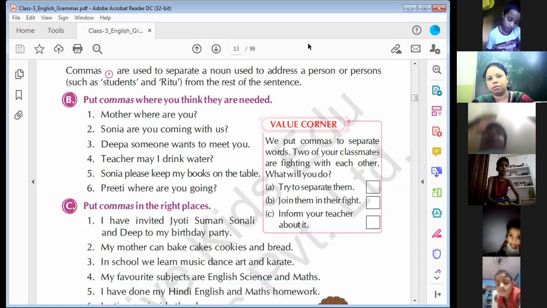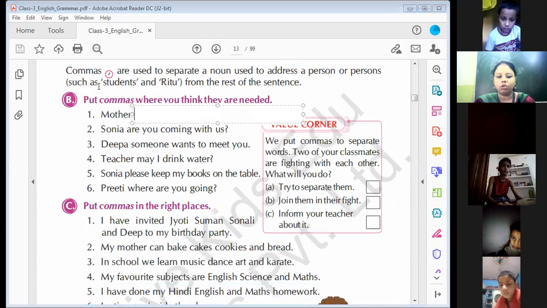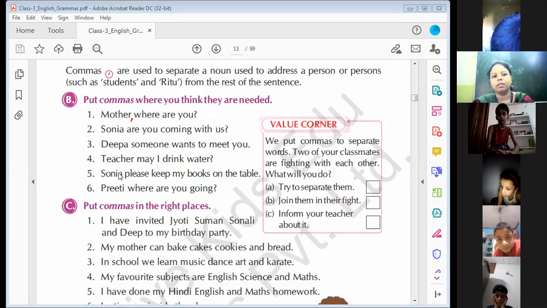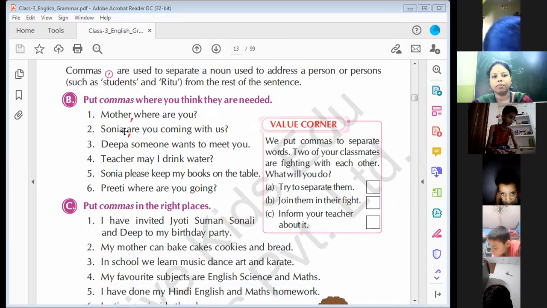Now in these sentences, we have to put a comma after a person or persons. Understand? Like, mother, where are you going? So after mother, there should be a comma. Sonia, are you coming with us? So here after Sonia, there should be a comma. Deepa, someone wants to meet you.